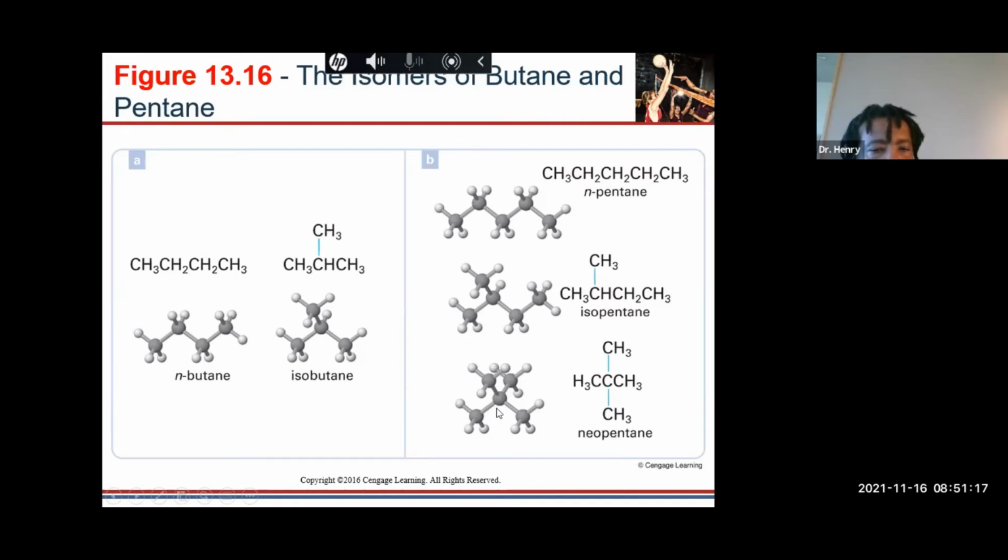They all have 5 carbons, and they have the same number of hydrogens. So the chemical formulas are exactly the same, but structurally, they're different. Because they have different structures, their chemical properties are going to be different. They're going to behave differently.